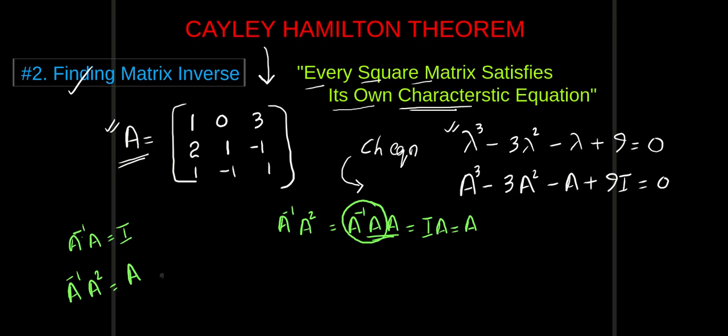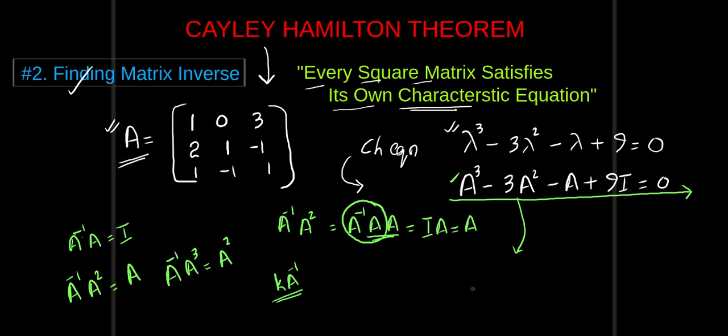And using similar logic, if you multiply A inverse and A cube, you're going to end up with A square. And if you multiply any number or any scalar into A inverse, you get the same thing. So the next thing to do is, we have to multiply throughout by A inverse. So tell me, what is A inverse into A cube?